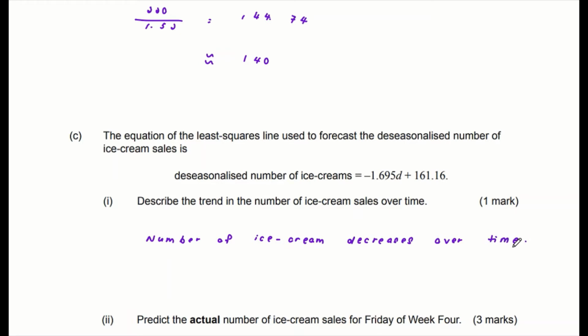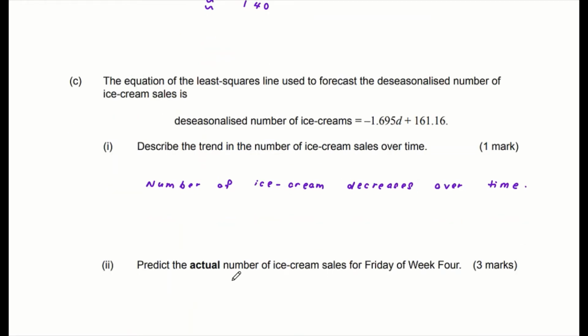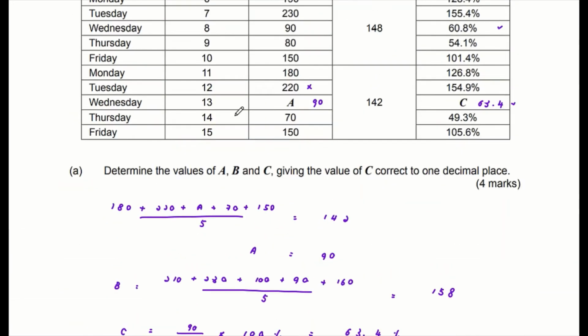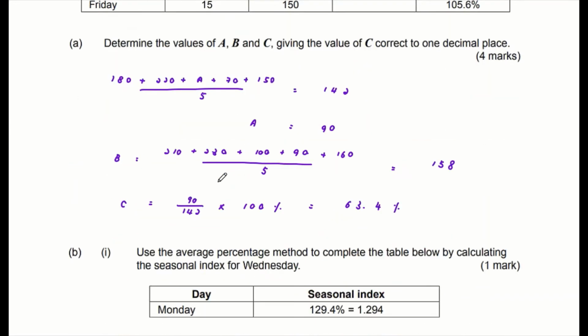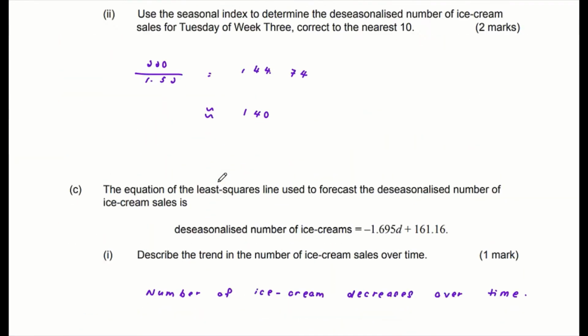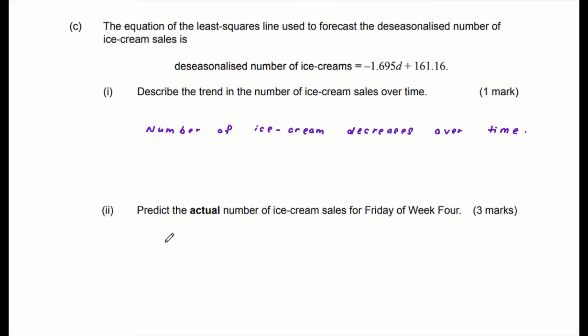Okay, now part two. So predict the actual number of ice cream sales for the Friday for week 4. Okay, so you can see that until here is 15. So if we are talking a Friday for week 4, then it will be 20. So which means that we are going to substitute our day number to be 20 into the equation that is given. So the deseasonalized value, so you can just write deseasonalized.